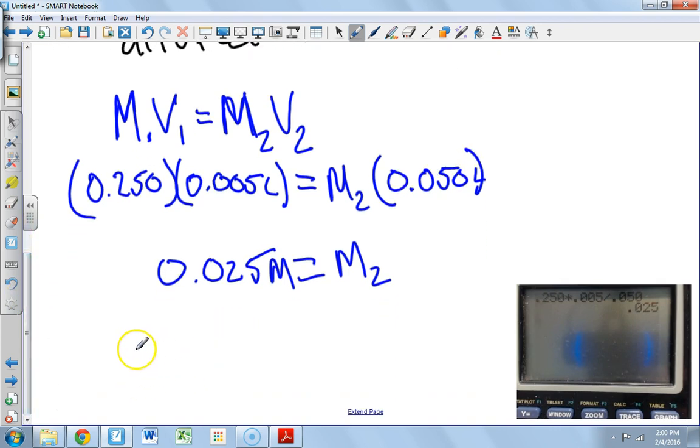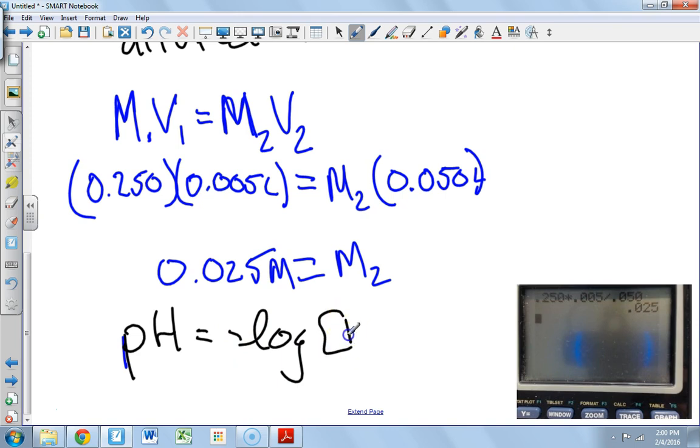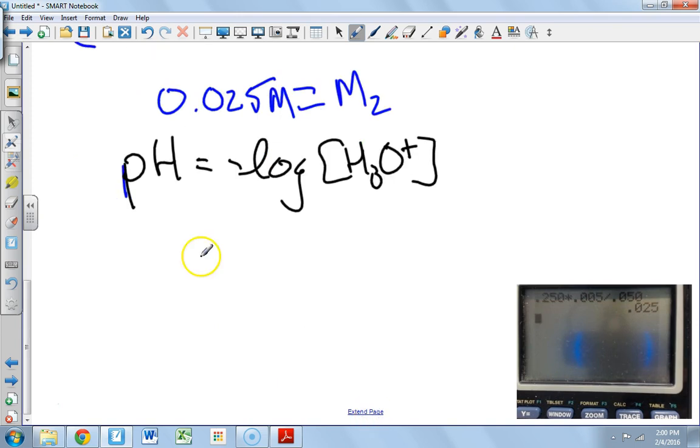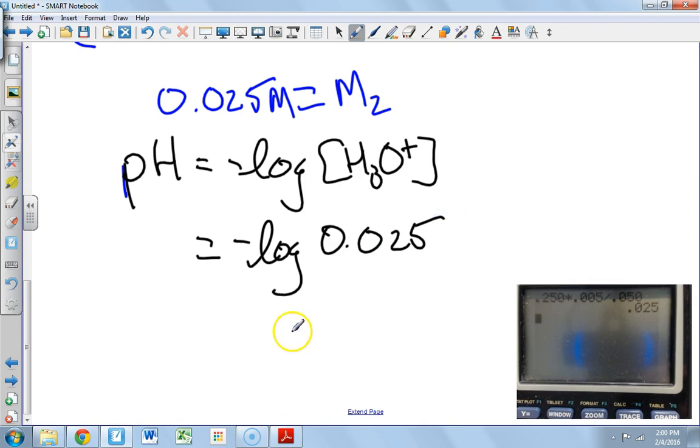So now we're going to calculate the pH. pH equals the negative log of the concentration of the hydronium ion. So that equals the negative log of 0.025. Now we get 1.60.